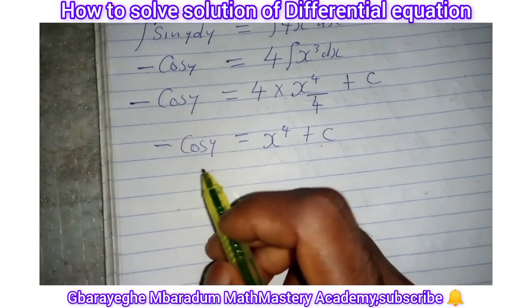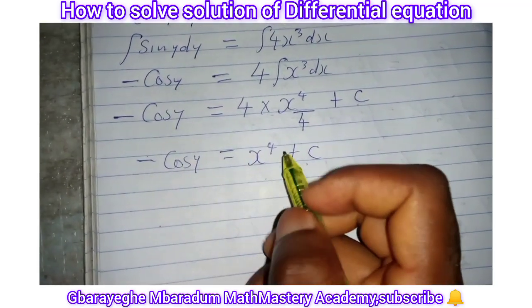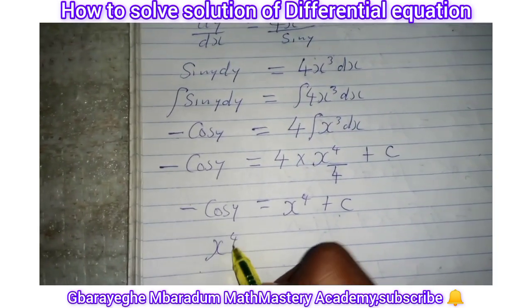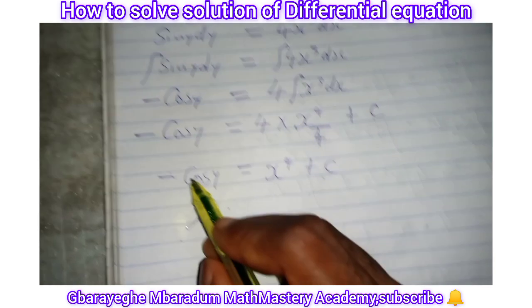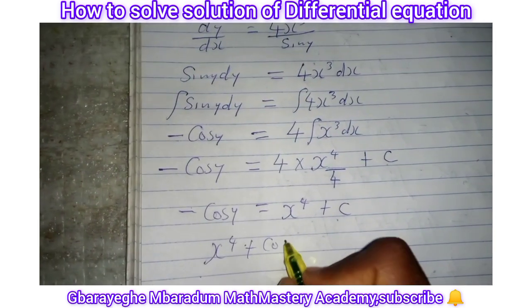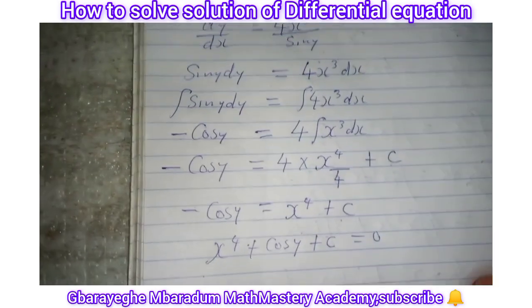Now here we bring this value to the right hand side to make them be in the same form. So we're going to have x raised to the power of 4, when minus cos y crosses the equality side, becomes plus cos y, plus our constant c equals 0.